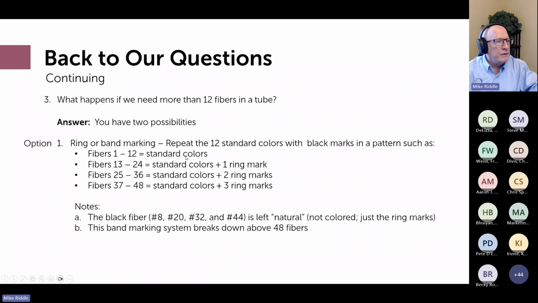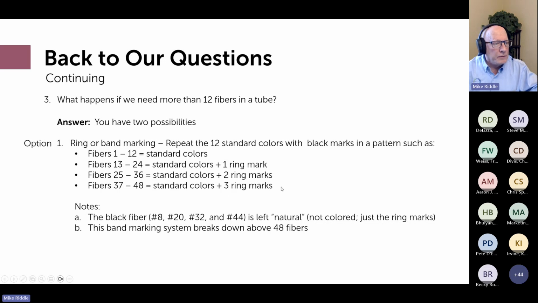The first 12 fibers are the standard colors. Fibers 13 through 24 are the standard colors with one ring mark. Fibers 25 to 36 would be the standard colors with two ring marks. And fibers 37 to 48 would be the standard colors plus three ring marks.